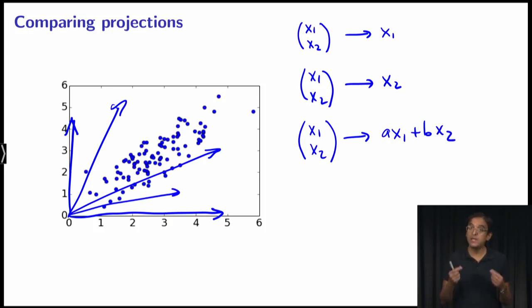And again, we get a one-dimensional value, and we can talk about the variance of these numbers. What we want to find is the direction along which this projected data has the highest variance possible. Now, it will turn out that this is something we can solve quite easily. But before we get into that, we need to formalize what exactly a projection is mathematically.